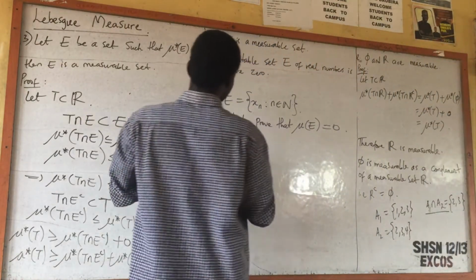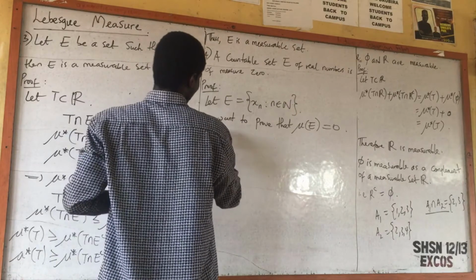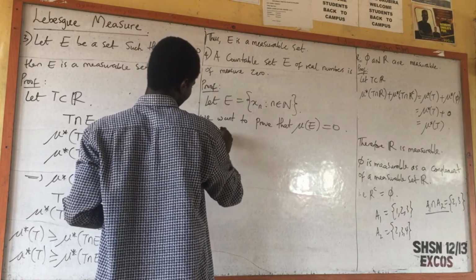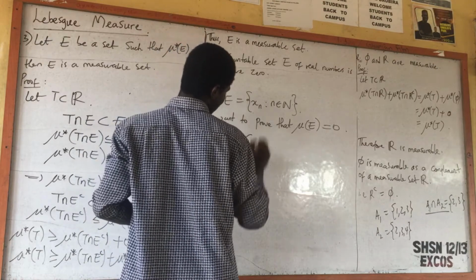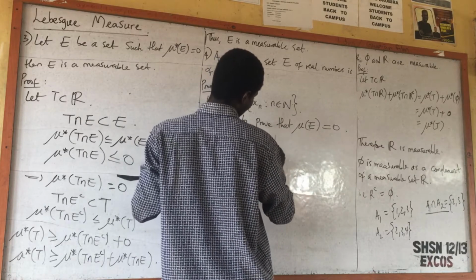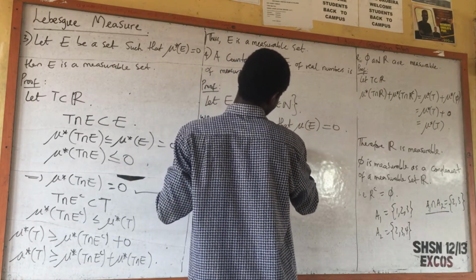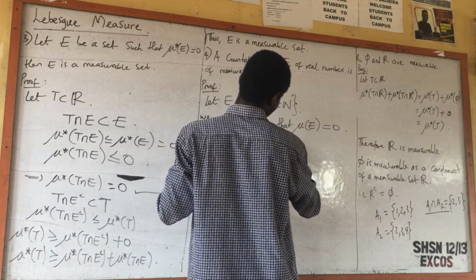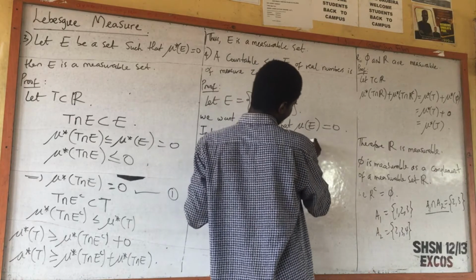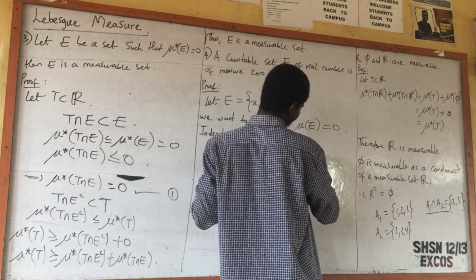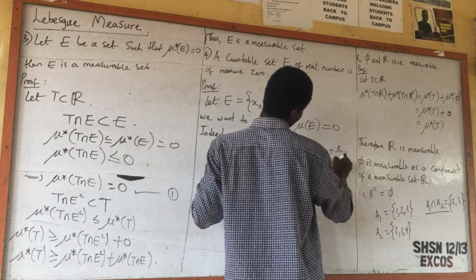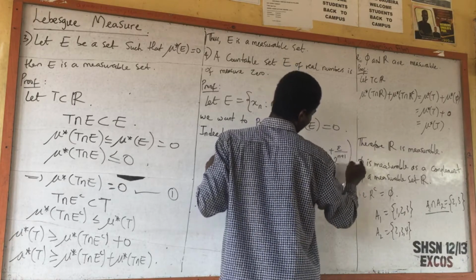So we take an open cover. We say, indeed, E is covered by the union of the intervals (xn minus epsilon over 2^(n+1), xn plus epsilon over 2^(n+1)), where n starts from 1 and goes to infinity.